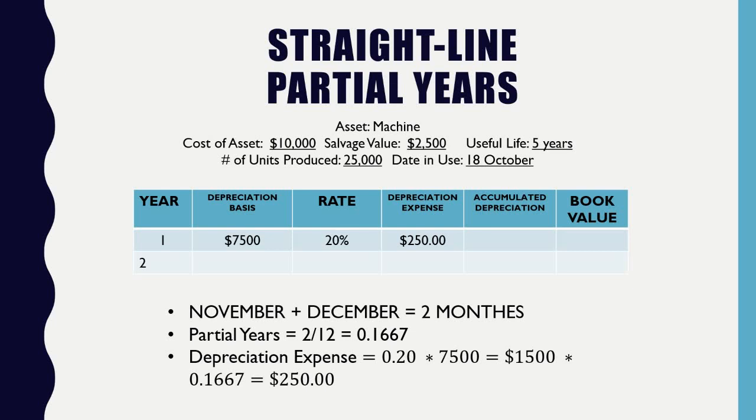When we go back to depreciating the second year, the asset should reach its full year, and then that's where we go back to that 1,500. All right, but good. So that's how we calculate for the first year of depreciation. We need to consider the time that it is placed into service. And now that we know that it's only 2 months old, instead of depreciating for the full 1,500, we only depreciate it for $250.